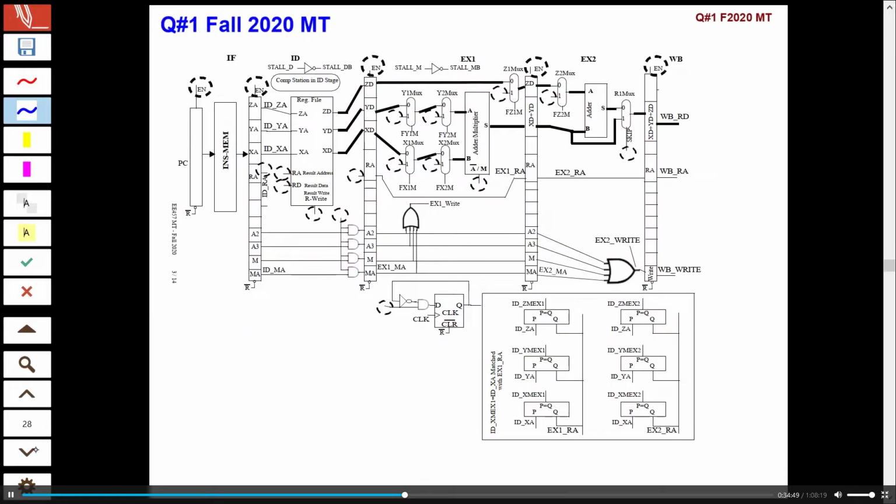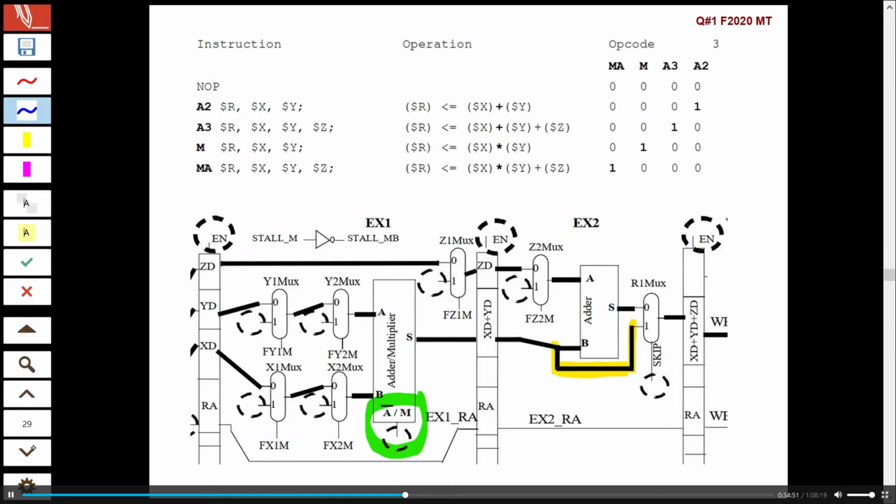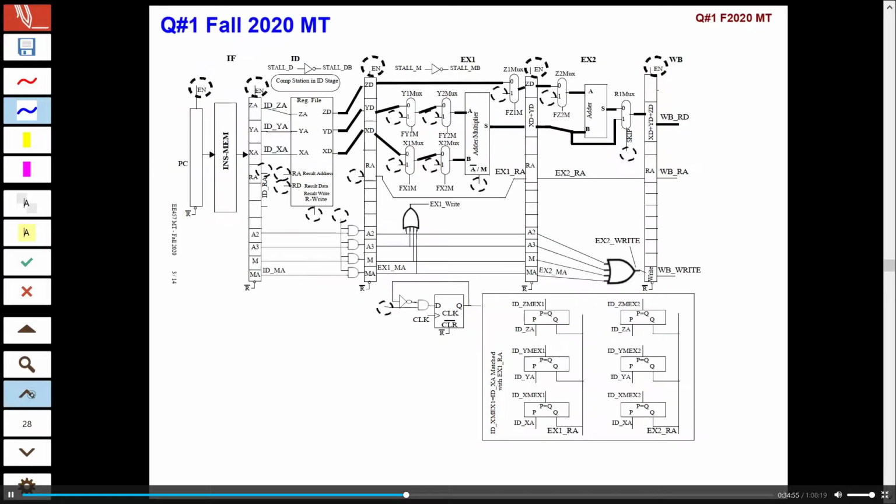So this is the block diagram, and this indicates I can either go through this, or skip this. So the second addition is optional.